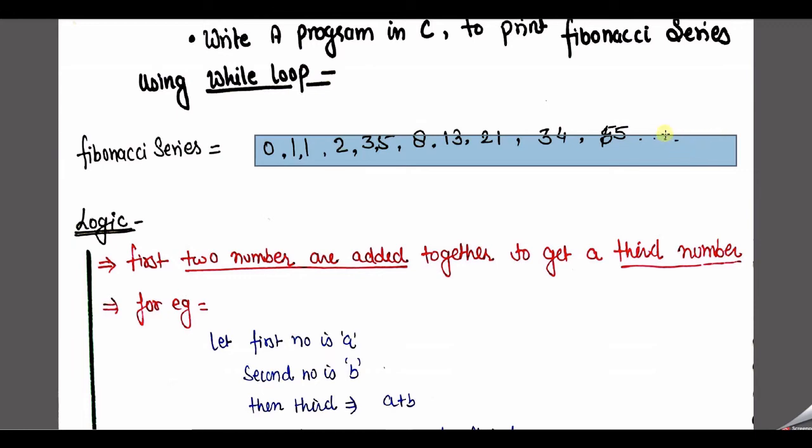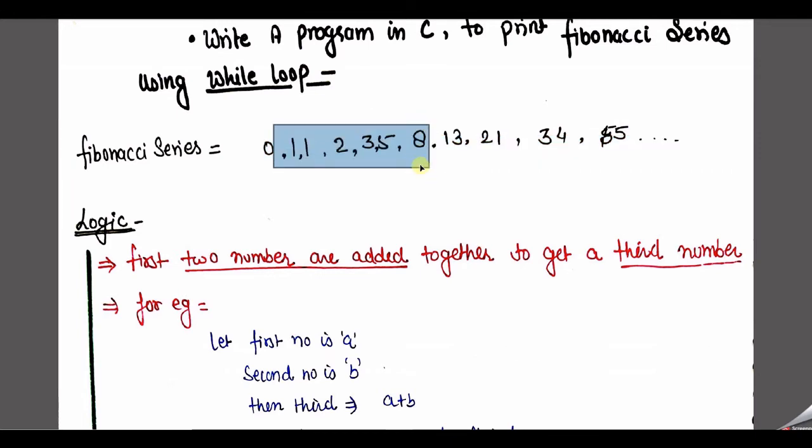So where do we need to print up to? We need to print the values of the Fibonacci series less than 100. But someone might print the series according to the number of terms, like only 7 terms: first, second, third, fourth, fifth, sixth and seventh, which means printing the series up to the number 8 only.